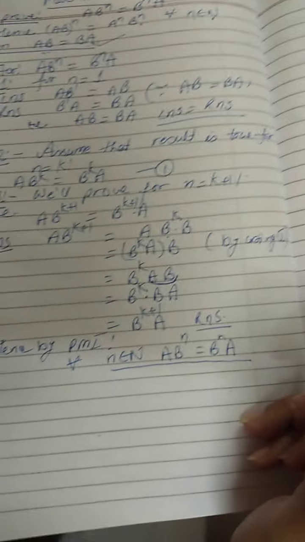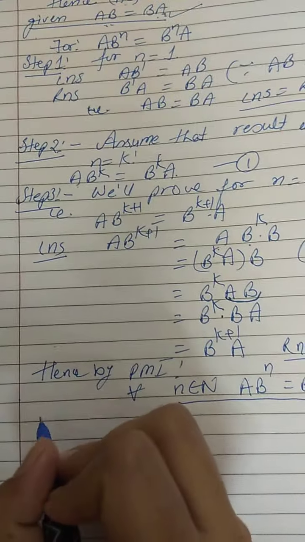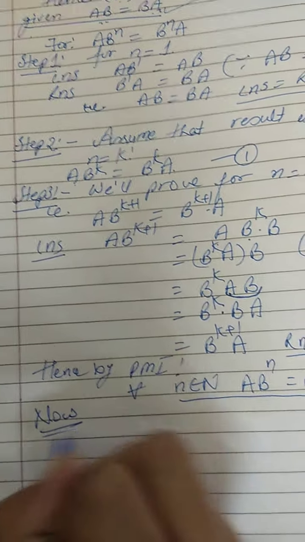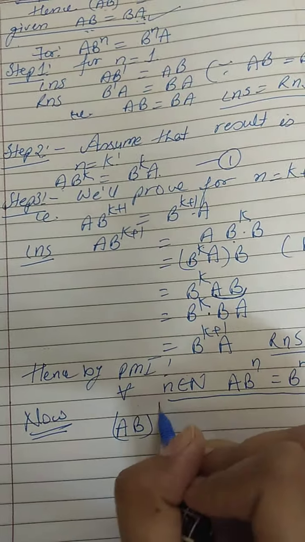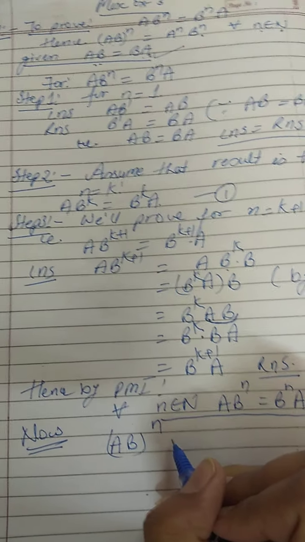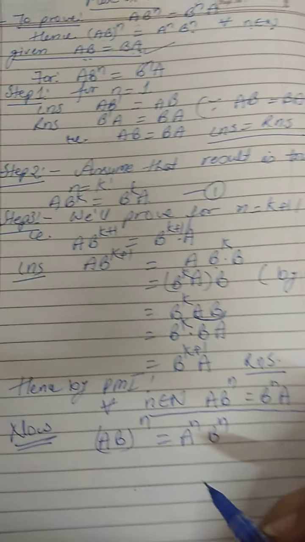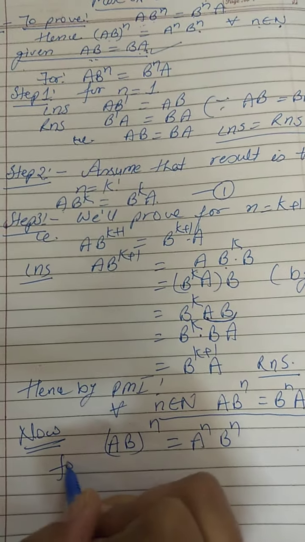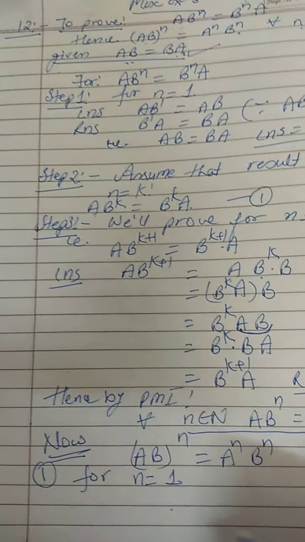Now we will use this result to prove the second result. What is the second result? We have to prove (AB)^n is equal to A^n B^n. The same thing we will do. First of all, step 1 for n equals 1.